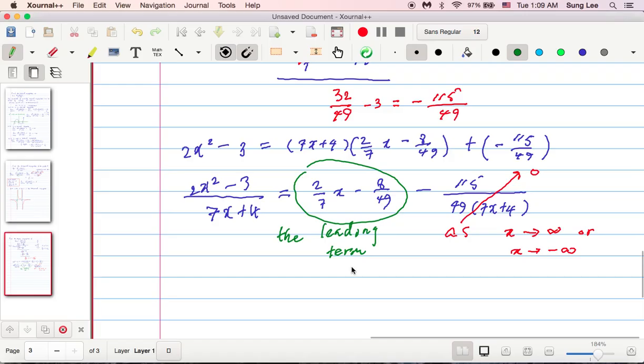So that's actually the oblique asymptote, or slanted asymptote, whichever you want to use.